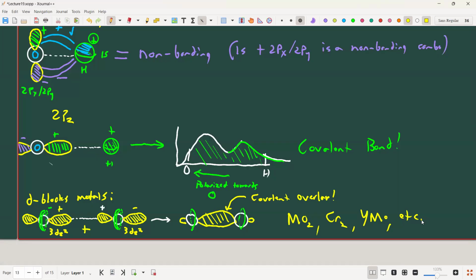It looks like two s's. I mean, you get these nice, strong single bonds between two metals that have dz squared orbitals that are somewhat filled, if they have unpaired electrons. And you form these double bonds, the single bonds. So the idea is that every new angular momentum state that appears, the 1s, 2p, 3d, 4f, 5g, 6h.